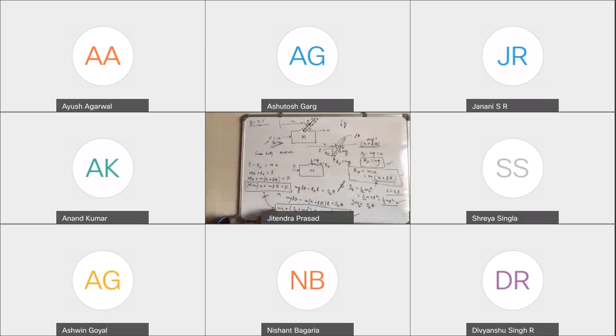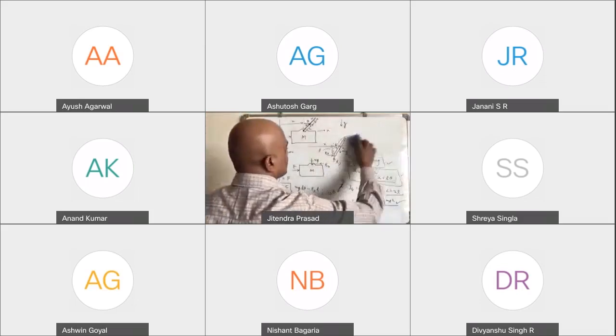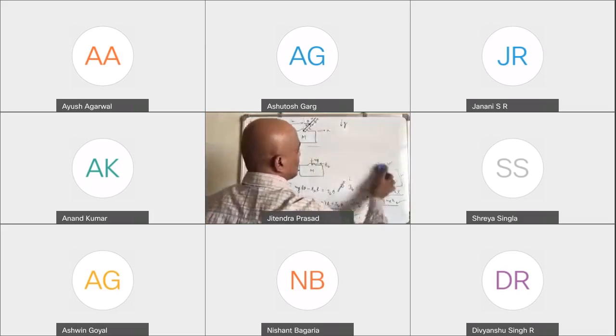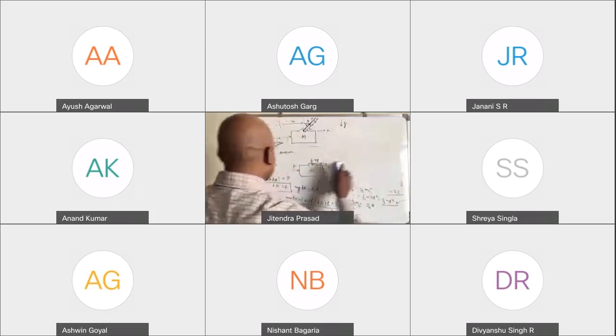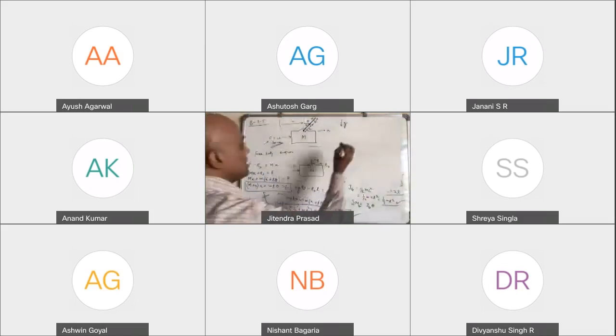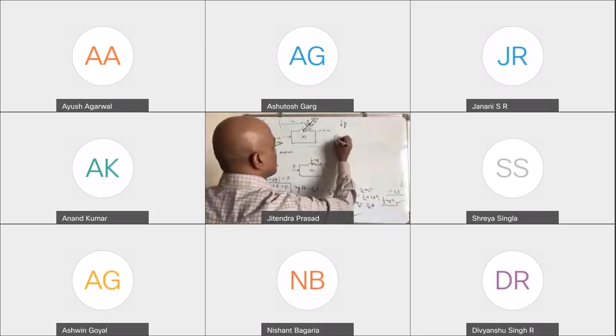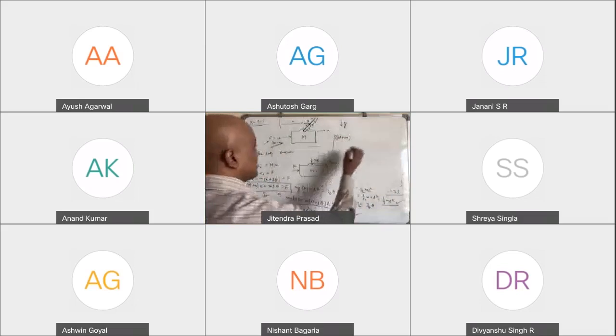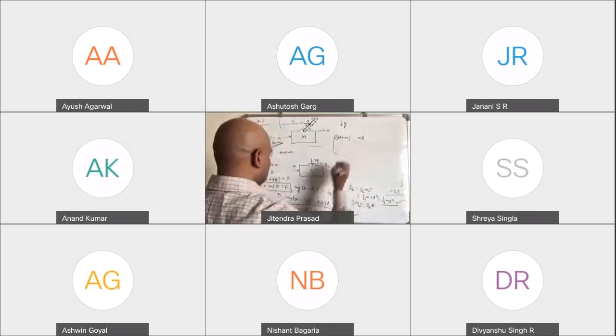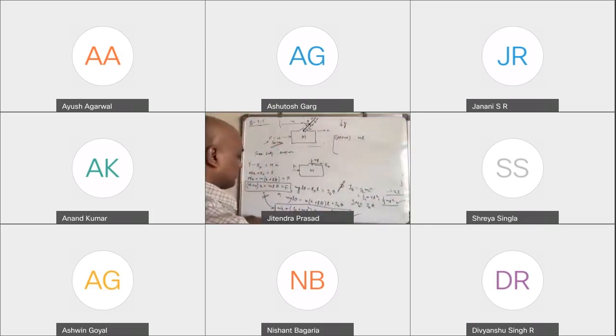You can write this also as a. I'm going to remove this part. So the final equation will be like this: m plus big M plus small m, ml, right? It looks like there's some problem here.